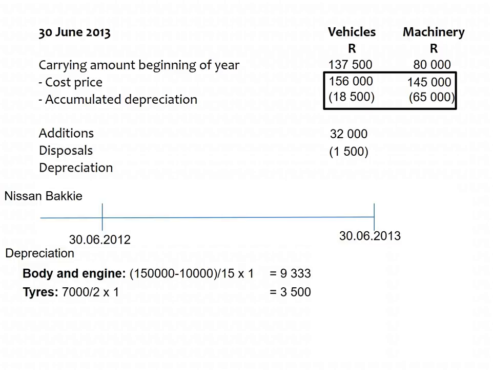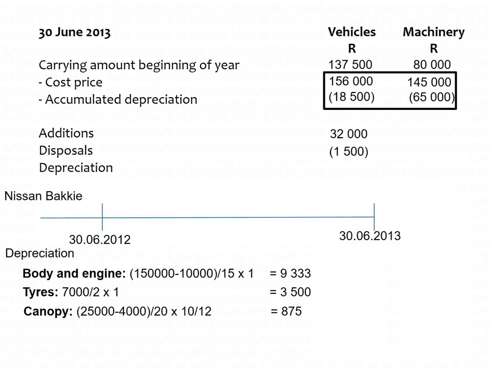We've also had the tires, which were purchased on the first day of the year for a whole year, which is the cost of 7,000 over the estimated useful life of 2 years, gives me 3,500 in depreciation. And then lastly, I purchased the canopy during the year, the cost price of which was 25,000 with a residual value of 4,000 over an estimated useful life of 20 years.